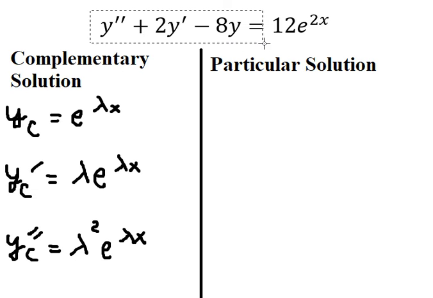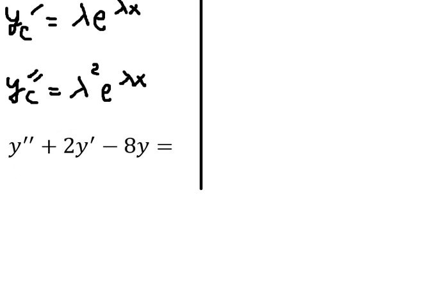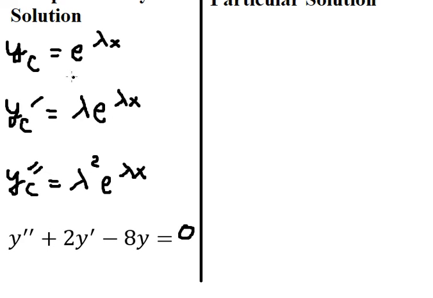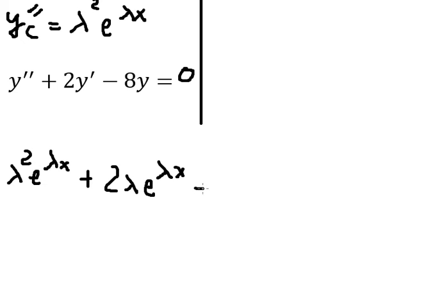Because this one is about the complementary solution, this equation in here equals number 0. So I will put this one go in here, this one go in here, and this one go in here. So we have lambda square e to the power of lambda s plus 2 lambda e to the power of lambda s, and the last one.